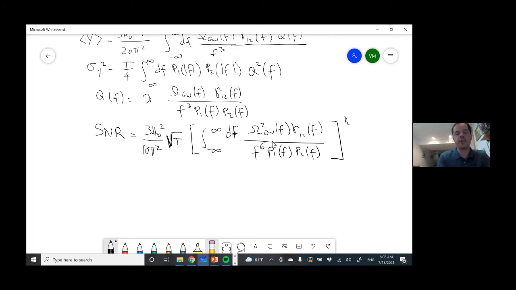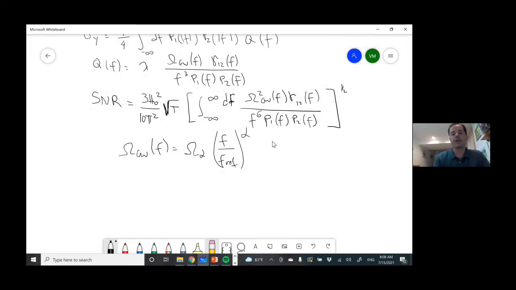So we would write omega GW of f to be some amplitude times frequency divided by some reference frequency to the power alpha. This reference frequency is a completely arbitrary choice, but we typically choose it to be in our band. So 25 hertz would be a common choice.